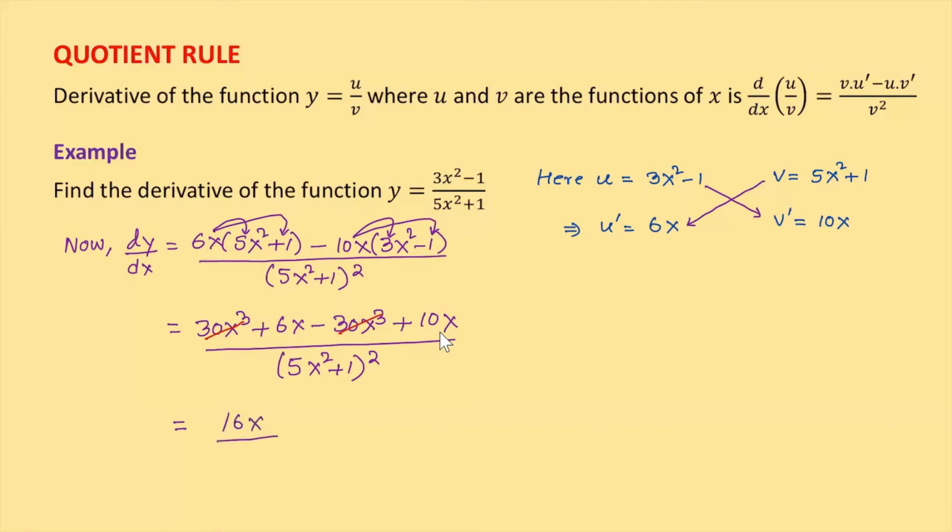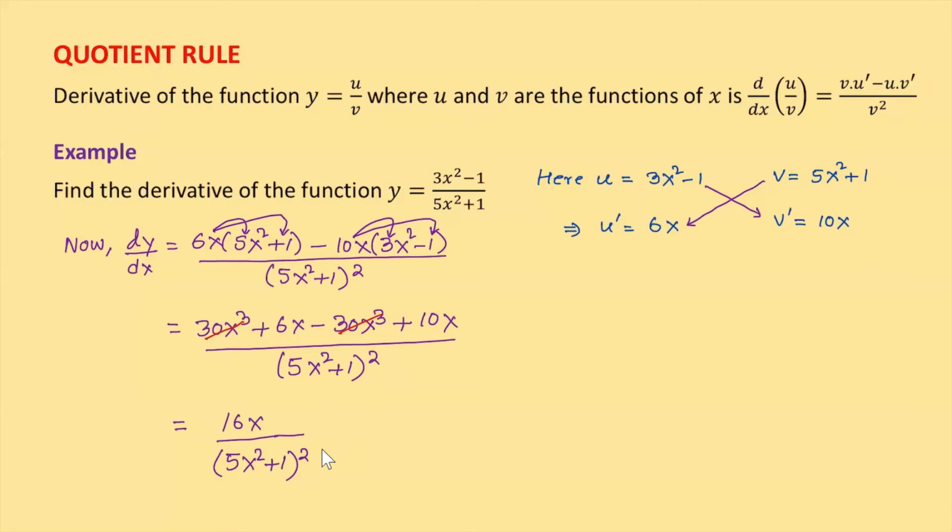And in the denominator, we have 5x squared plus 1 quantity squared. So the derivative of this function y equal to 3x squared minus 1 over 5x squared plus 1 is 16x over 5x squared plus 1 quantity squared.